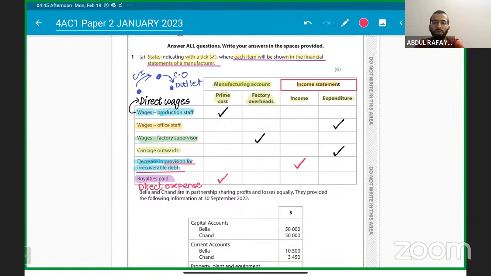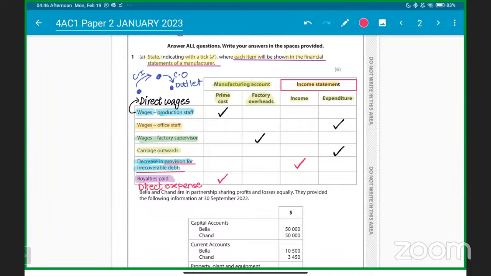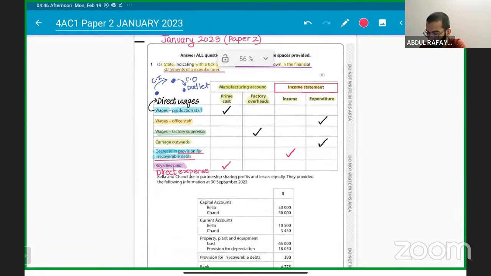But if there's an increase in provision for irrecoverable debts, it will be recorded as an expenditure. And vice versa, if there's a decrease in provision for irrecoverable debts, it will be recorded as income. Understood? Getting it clear?